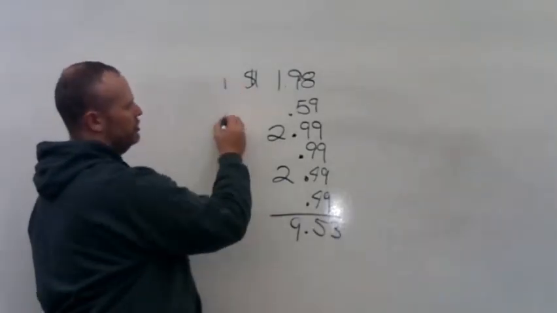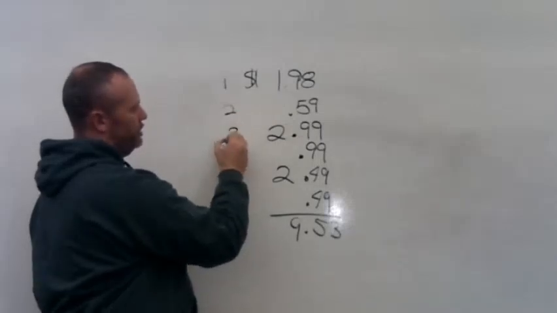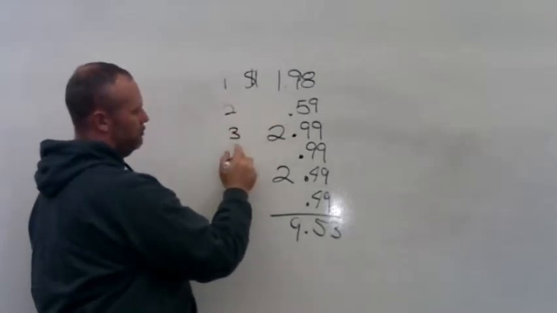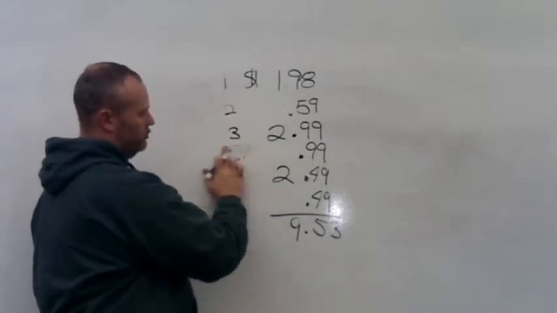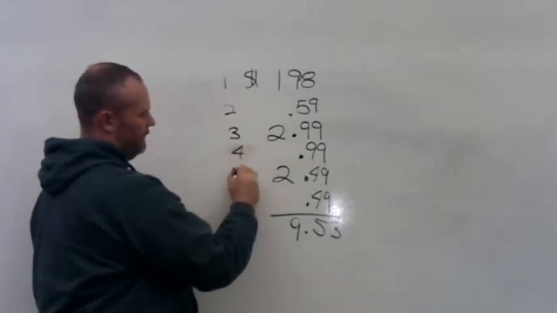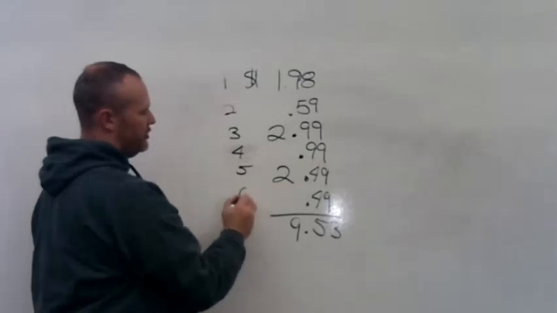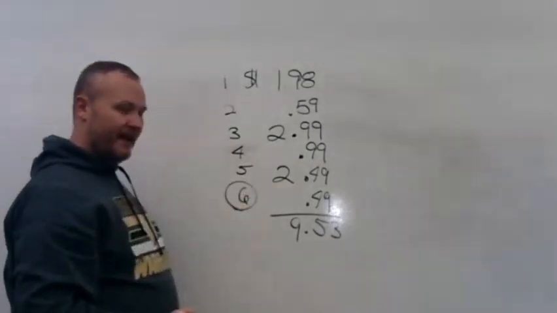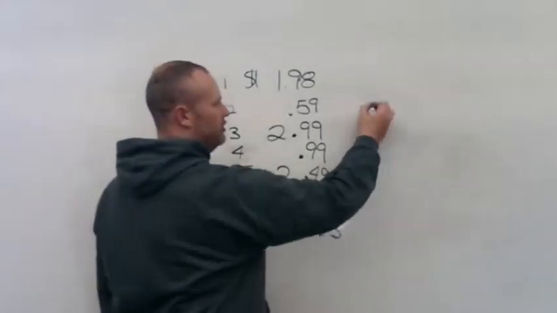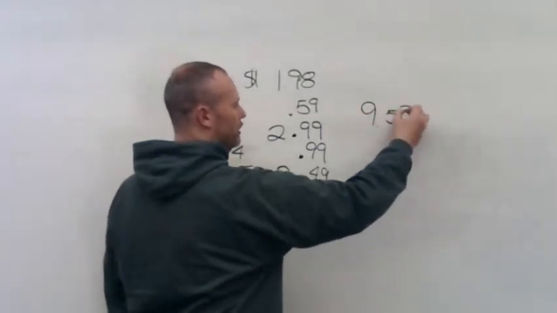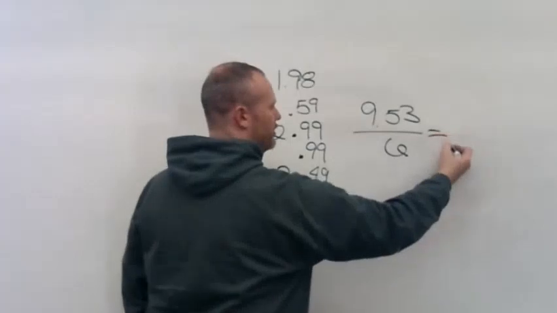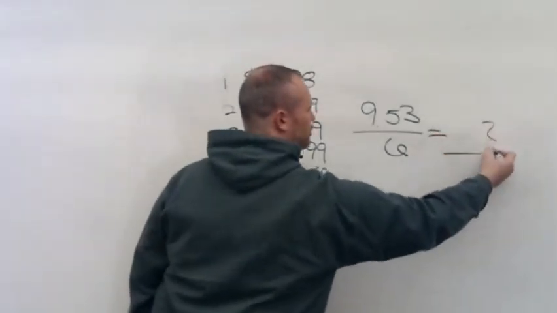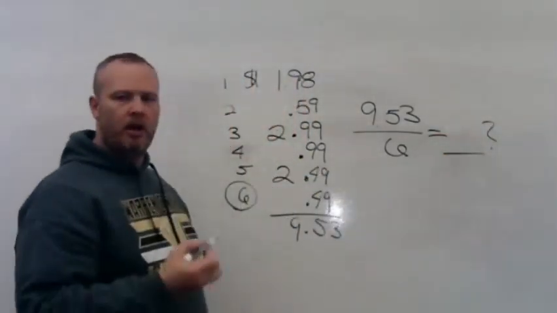So 1, 2, 3, 4, 5, 6. We purchased a total of 6 items. We'll take our 9.53 divided by 6. This answer is what you will select on the quiz.